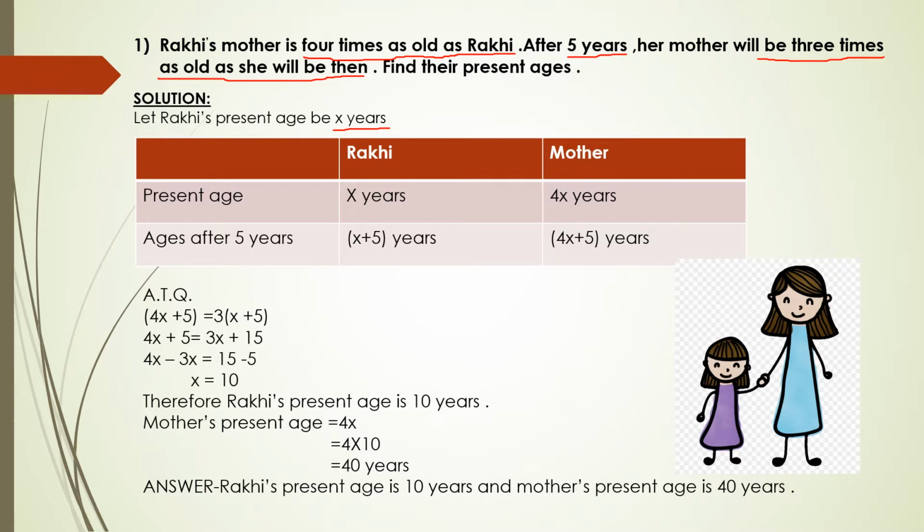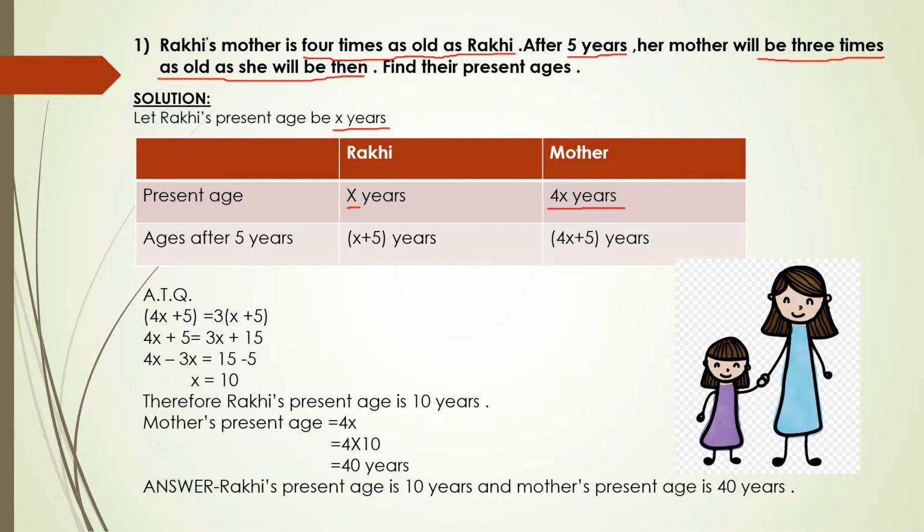In this table, you can see clearly there are 2 columns showing present age and ages after 5 years, and rows for Rakhi and for mother. Present ages: you will write x years for Rakhi. Mother's age would be 4x years, 4 times as old as Rakhi is now.